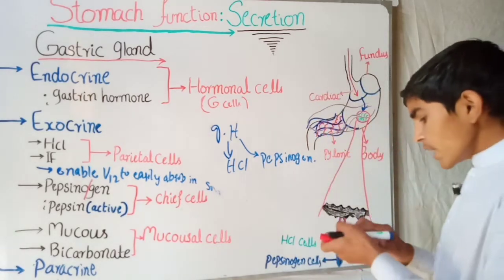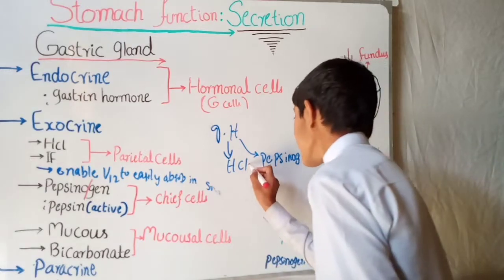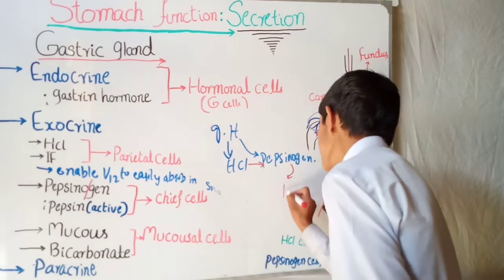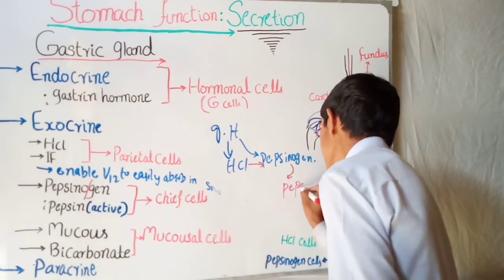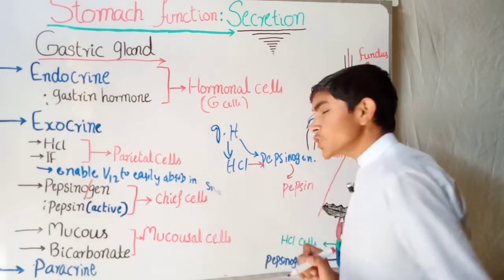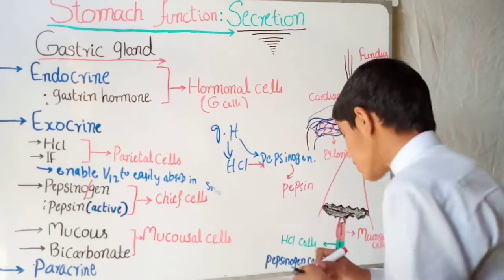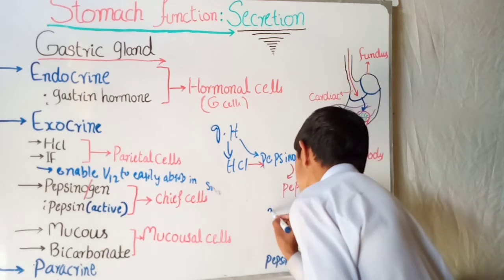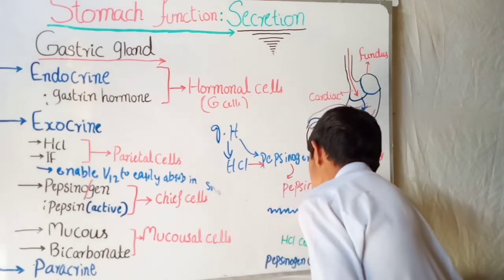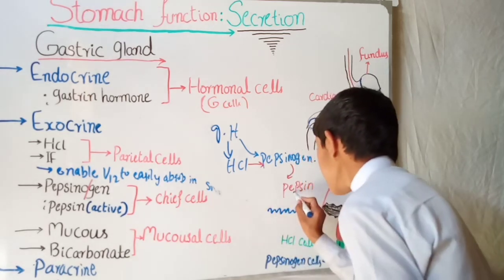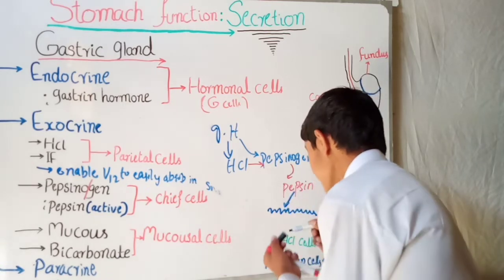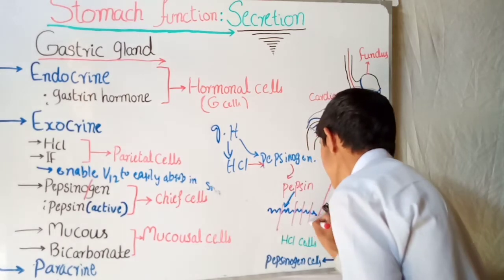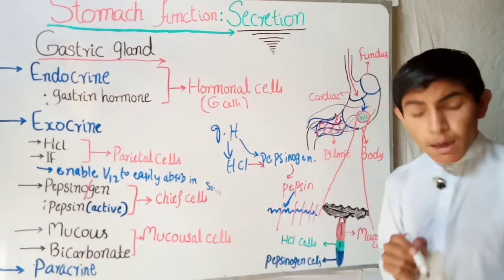At that time the HCl acts on the pepsinogen and converts it into pepsin. Now pepsin is ready to easily break down the chain of the large protein molecule into smaller chains of amino acids.